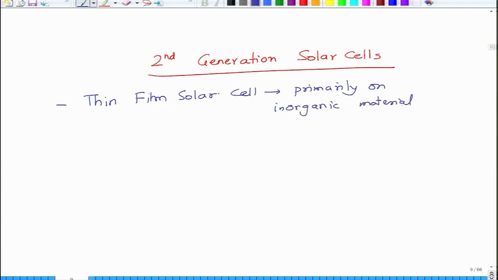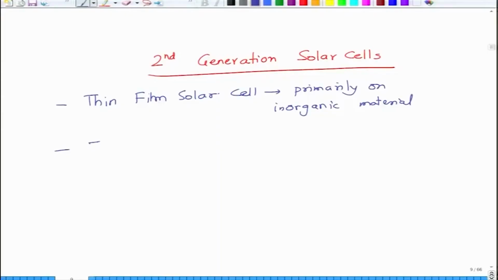And the idea to use thin films is because you don't require such a large volume of material for absorbing the amount of light that you can actually absorb. So to reduce the material cost by reducing its amount.